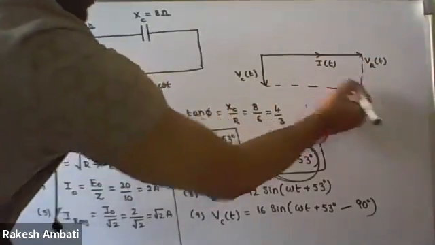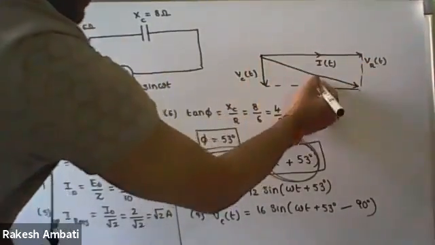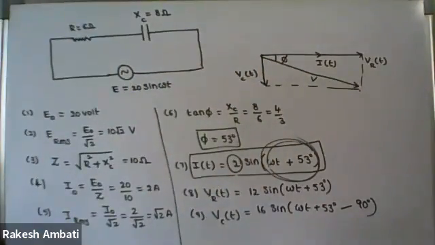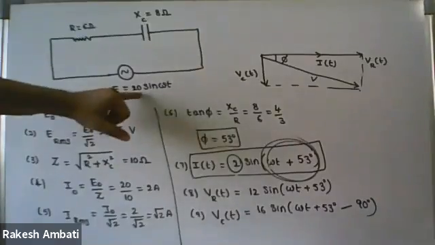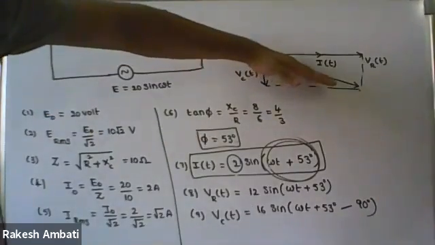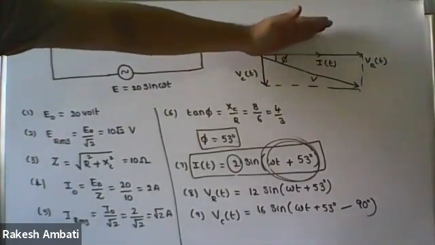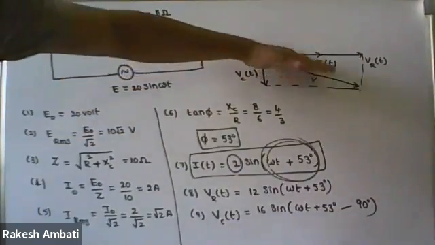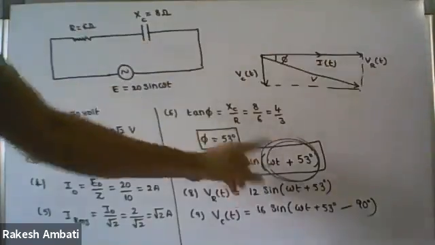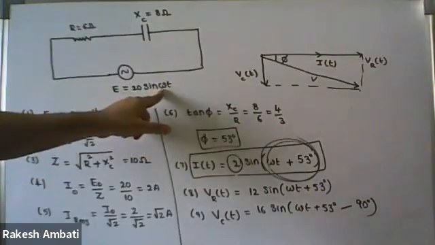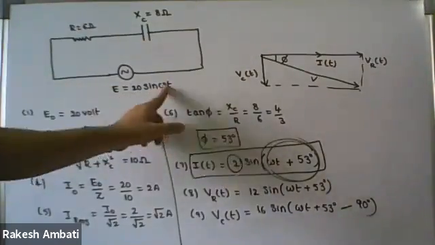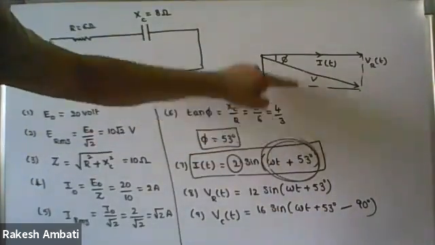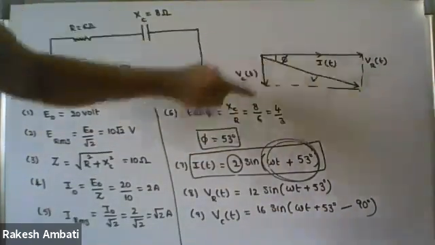If we draw a parallelogram, it is the resultant EMF and this angle is phi, correct? Now with respect to resultant voltage, is current leading or lagging? Current leading. So voltage is omega t, but current is leading by how much angle? Phi, 53 degrees.